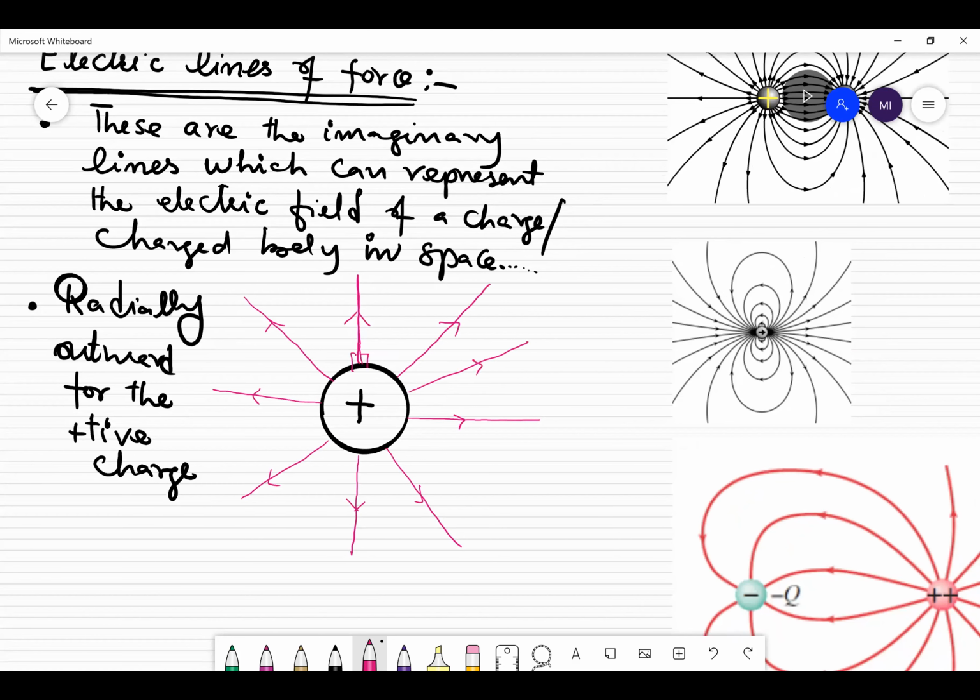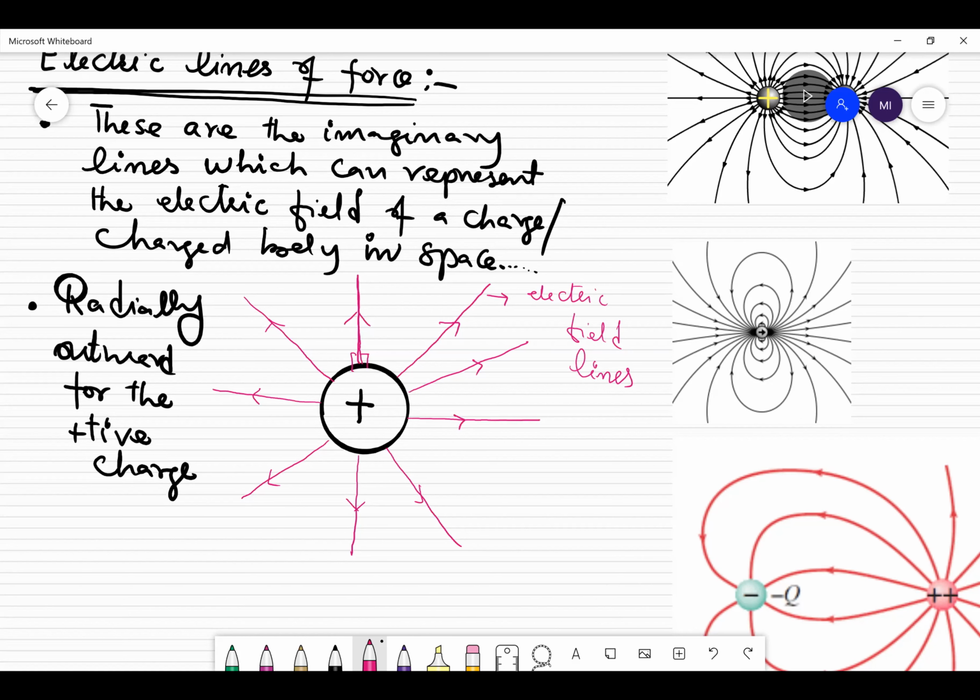So all of these are electric field lines, right? They indicate the electric field around any charged particle.